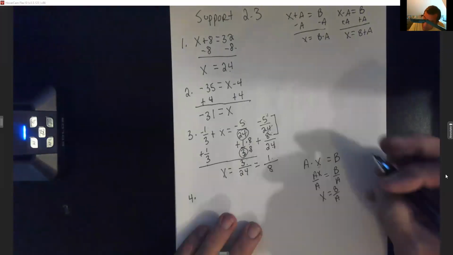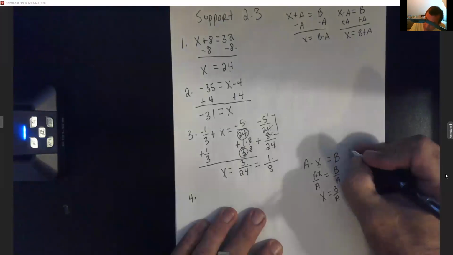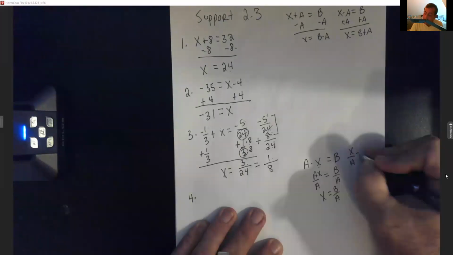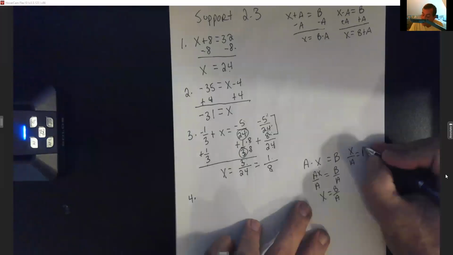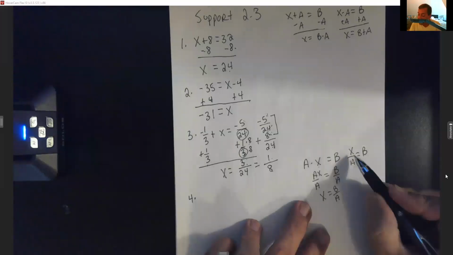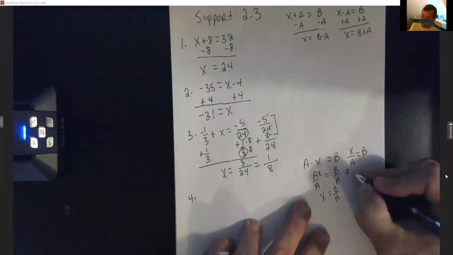Also, the multiplication principle works if you got something like X being divided by A, and that equal to a B. To get this X by itself, you would multiply both sides by the A.